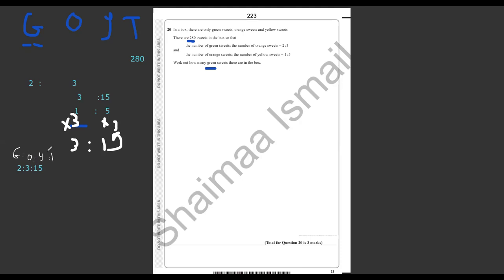The total we get is 2 plus 3, which is 5, and 5 plus 15 is equal to 20. We have a total of 20 in the ratio, and here we have a total of 280.